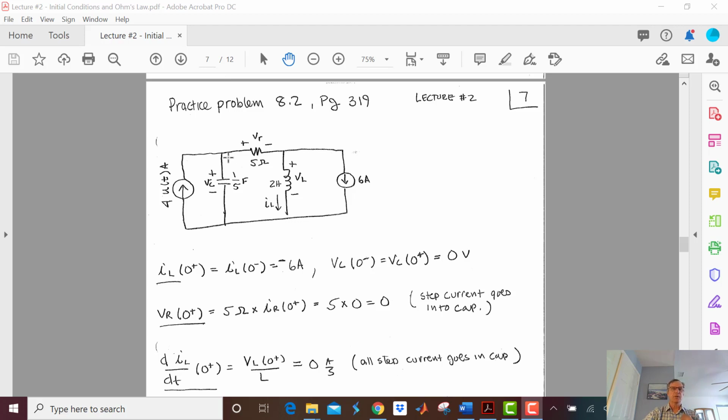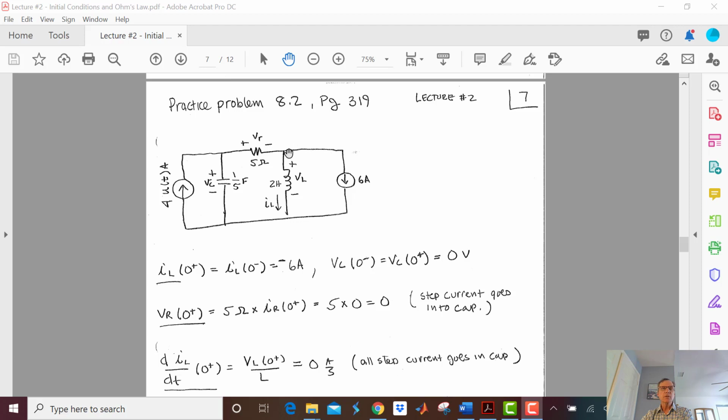And the capacitor has no current through it at t equals 0. So I got no current here. This is turned off, so I got no current here. That means I got no current here. So I got no voltage drop across this 5 ohm resistor. So that means I'm 0 volts here, and I go up 0 amps times 5 ohms. I got 0 volts here.